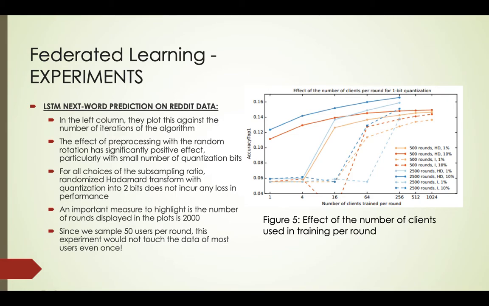An important measure to highlight is the number of rounds displayed in the plots is 2000. Since we sample 50 users per round, this experiment would not touch the data of most users even once.